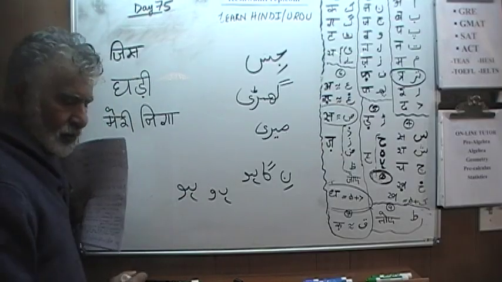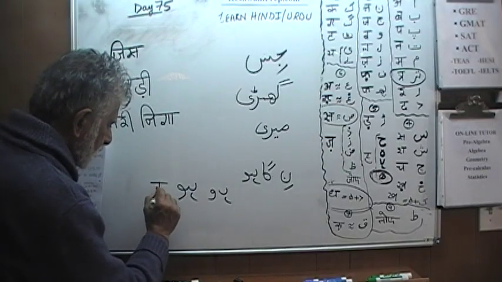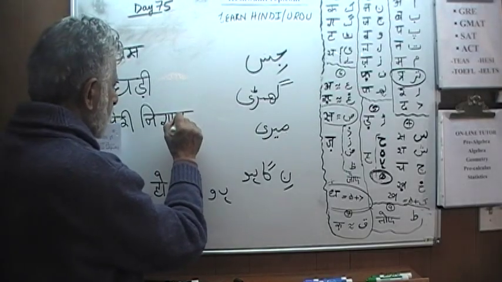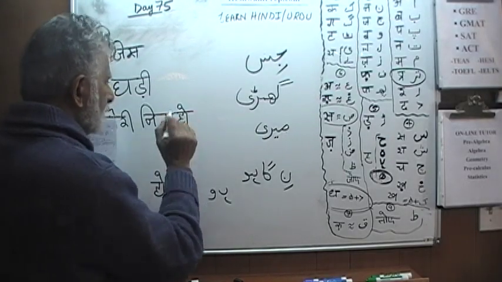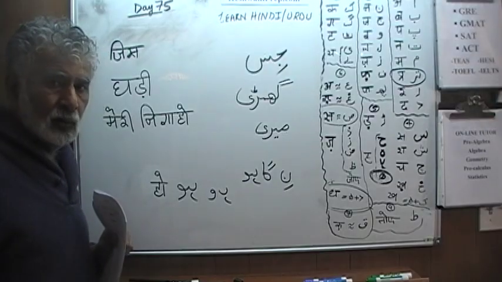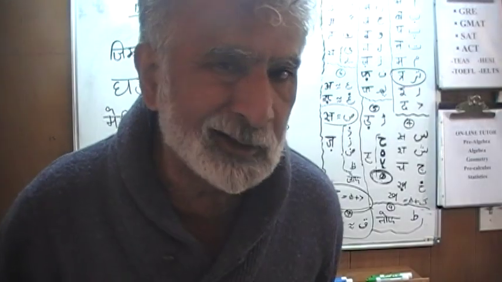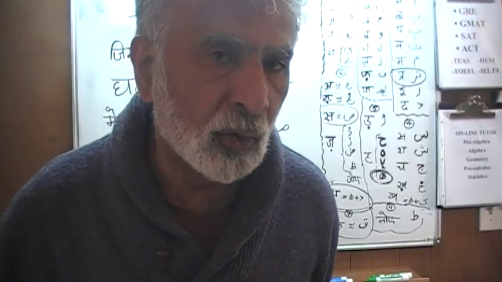That's a ho. Ho, it's o ki matra. But we don't need a ho. So far it says nigaho. We don't want nigaho. We want nigahon.